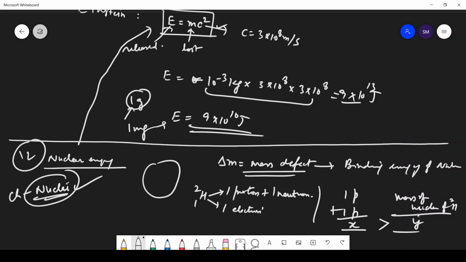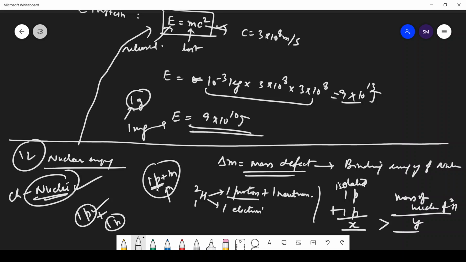The mass of the nucleus is lesser. The nucleus has 1 proton plus 1 neutron in deuterium, and I have added the mass of the isolated proton and isolated neutron, that is x. So I have one proton separately and one neutron separately, and I have added their mass.